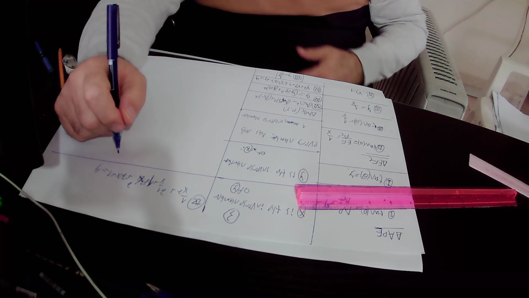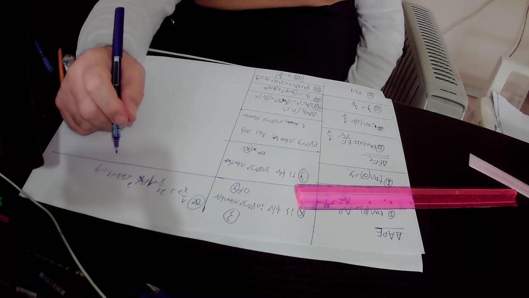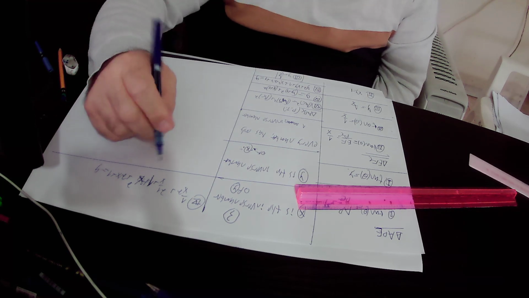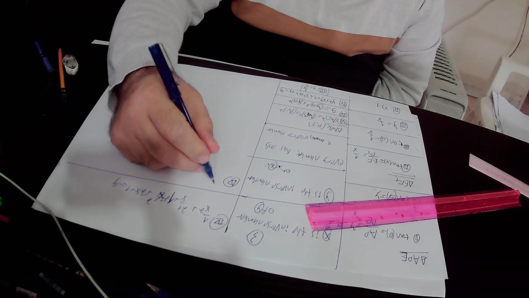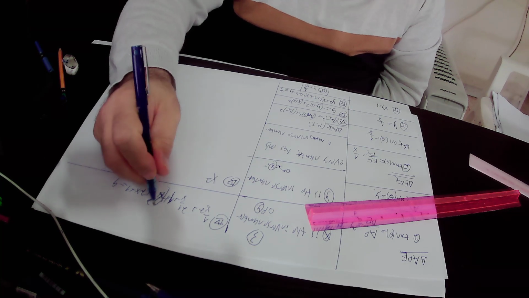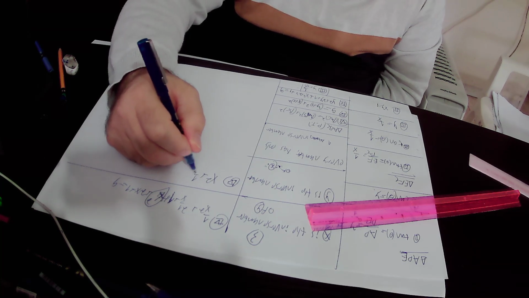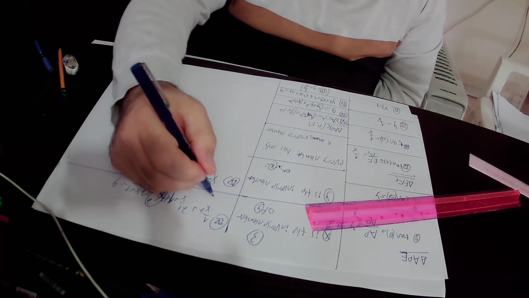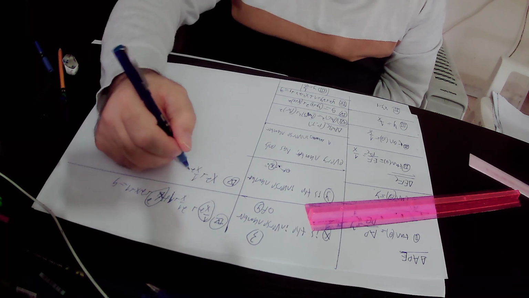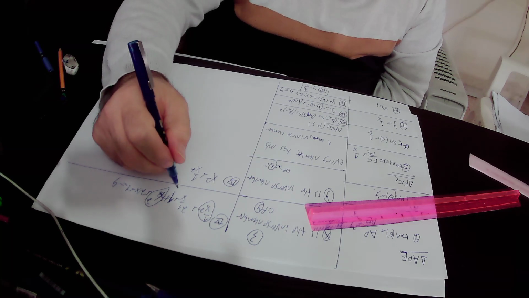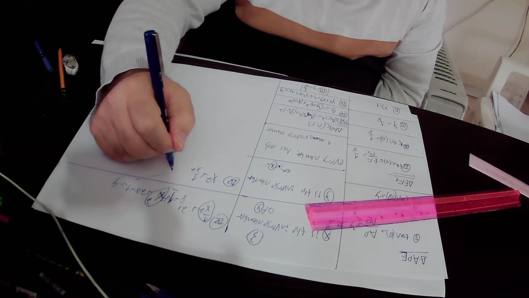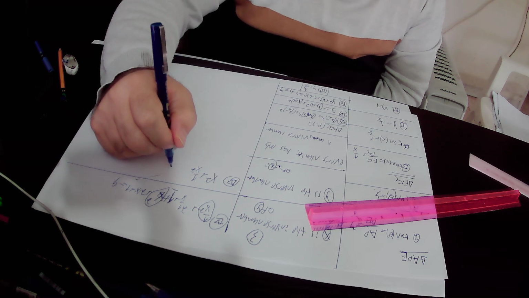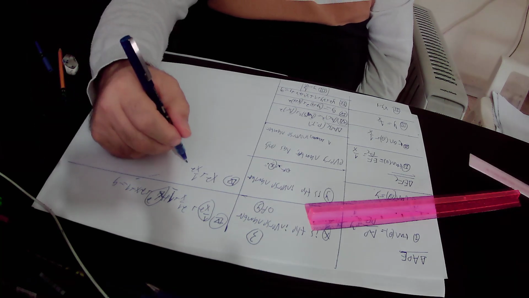Here we will organize the expressions in equation number 4 in a different way, and we will get that x squared plus 1 over x squared plus 1 plus 1 is 2. So it is plus 2.